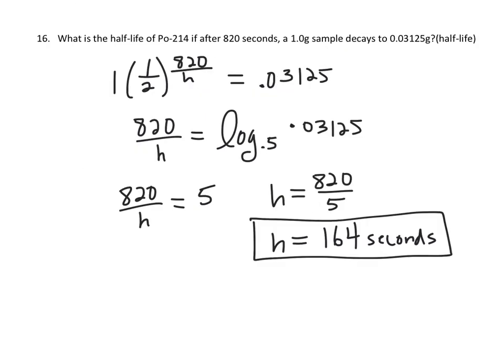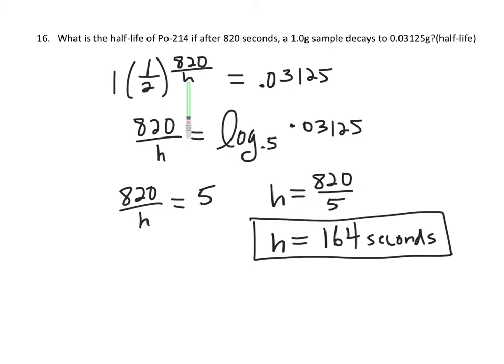All right, in problem 16, we want to know what is the half-life of this element. After 820 seconds, one sample decays to 0.03125 grams. So that's what it's decaying to, but we need to find the half-life.